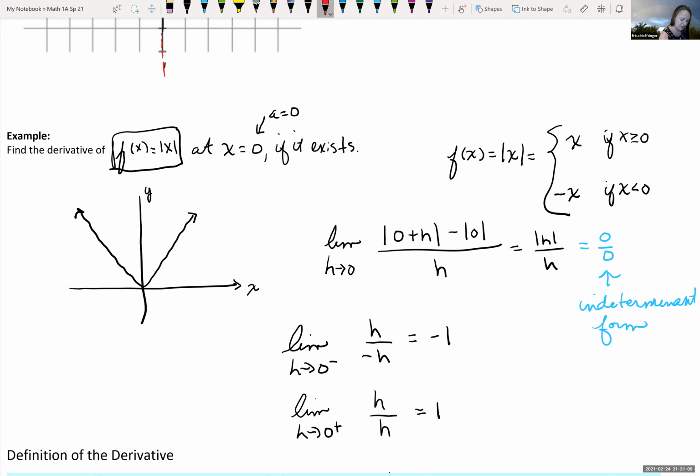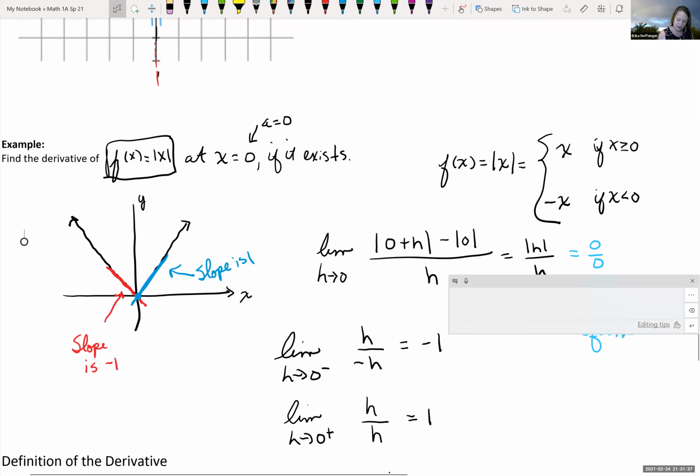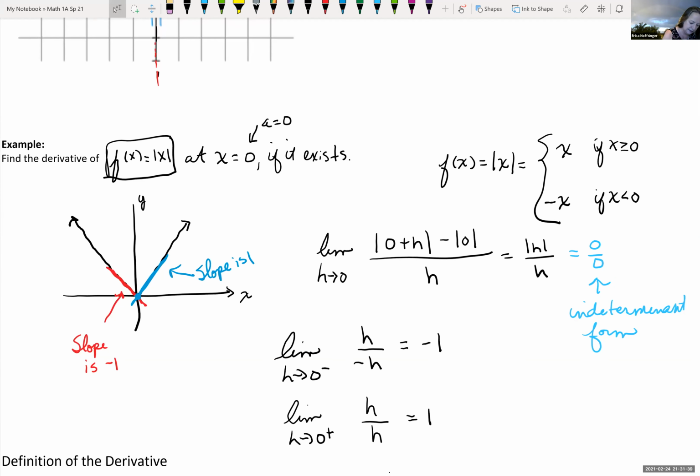And so my derivative coming in on the left, the slope here is -1. And the slope as we're coming in here on the right-hand side is 1. Our slopes are not the same at this sharp corner. And so the limit does not exist.